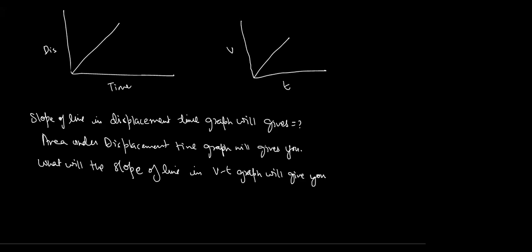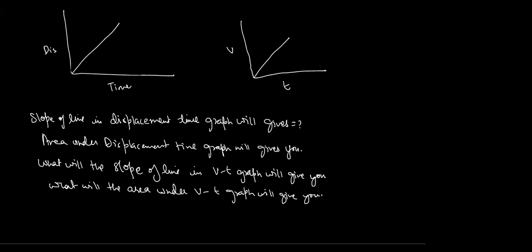Another question is, what will the area under the VT graph give you? These are the 4 questions, 4 one-word answers.